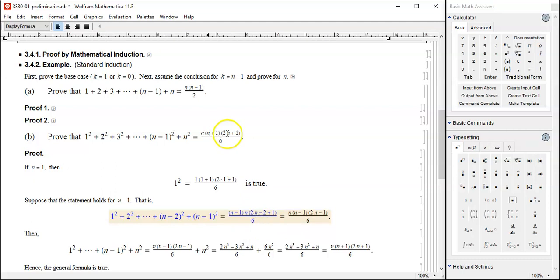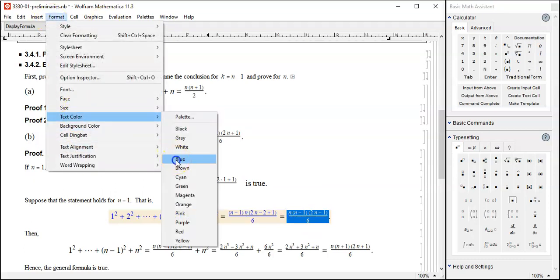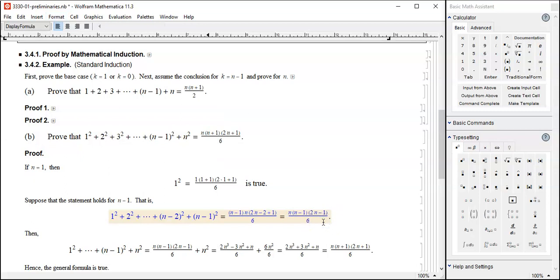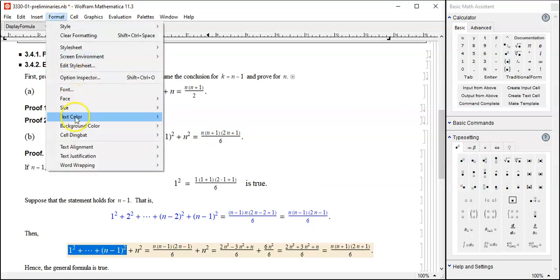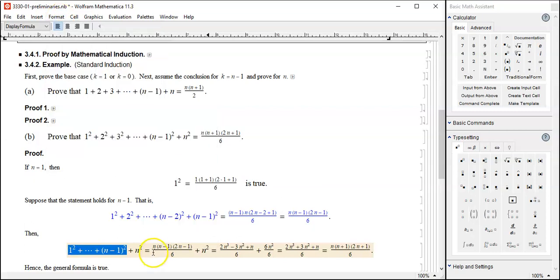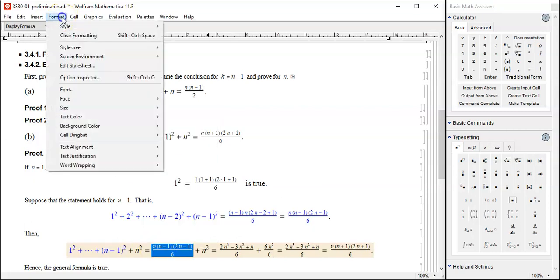So in place of n here, I put n minus 1 there, so I get 2n minus 2. So let's simplify just a little bit, and this is what we get. n minus 1 times 2n minus 1 over 6. So that's the inductive hypothesis. So if I do all this addition of n minus 1, we get this.